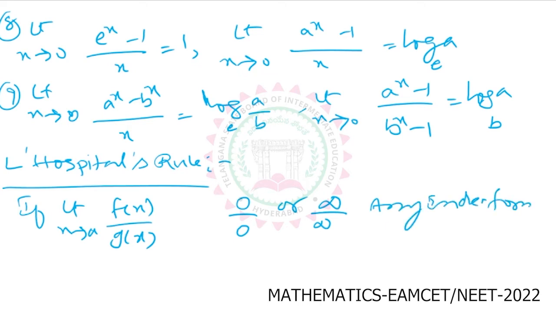So in this case, I differentiate the numerator and denominator. Then I substitute the limit, and I may get the correct answer.